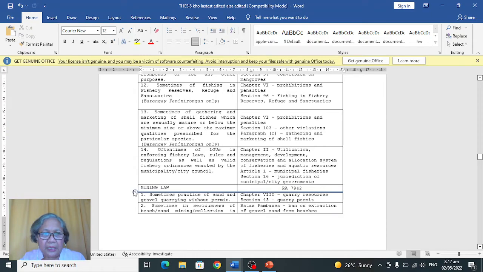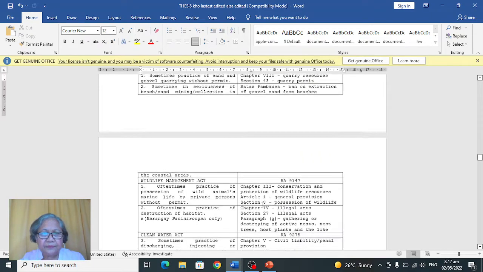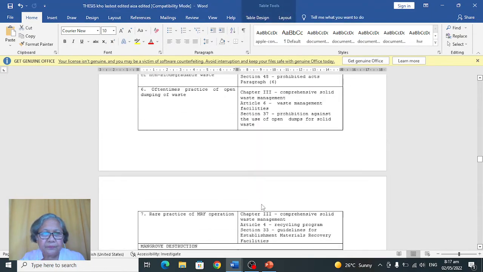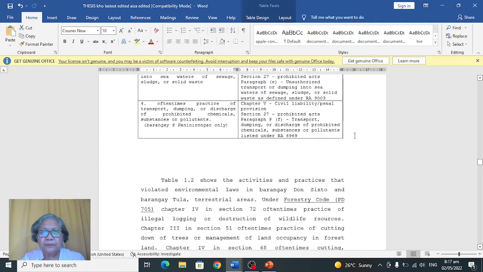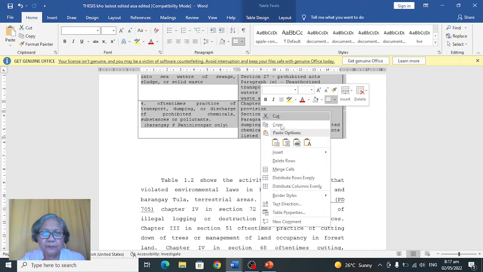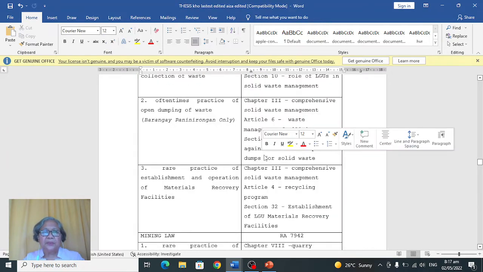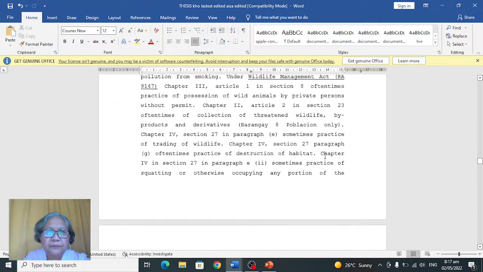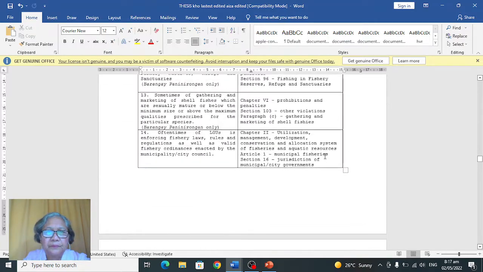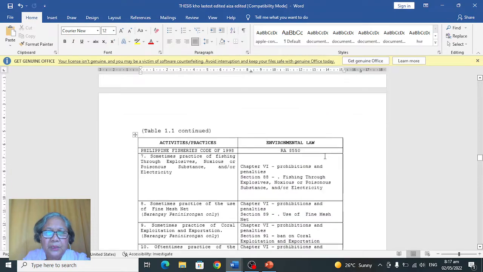So, we can cut here. Delete rows. Okay. And so on. Ganun lang.